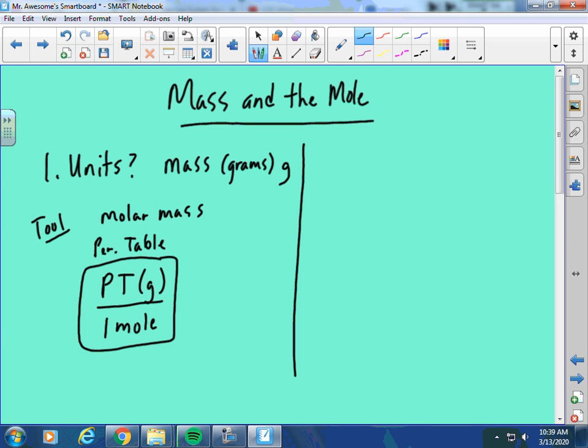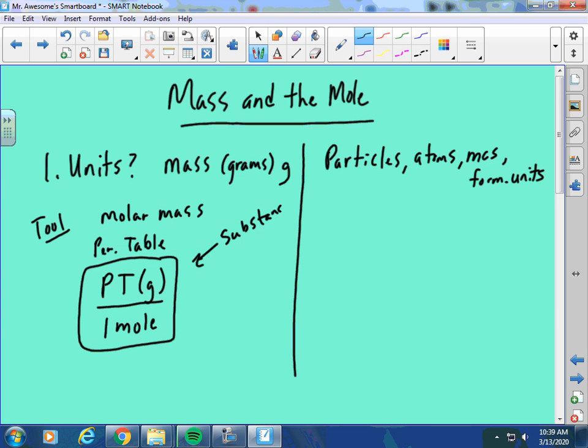All right. The second thing to ask is, are particles involved? You might see it written as particles, atoms, molecules, or even formula units. Now, with the first tool, we have to know the substance because we have to look it up on the periodic table.